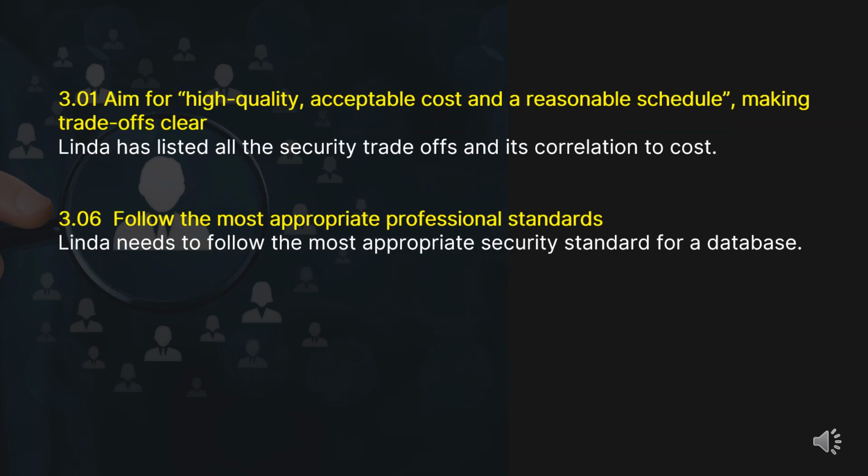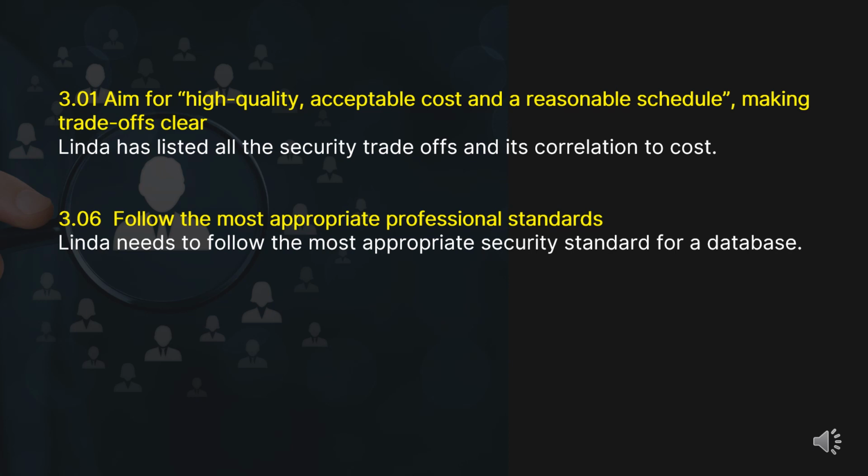The fourth one is clause 3.01, which is to aim for high quality, acceptable cost, and a reasonable schedule, and making trade-offs clear. So in this case, Linda has listed all security trade-offs and their correlation to cost, and she has allowed the client to aim for the highest quality that the client can afford.